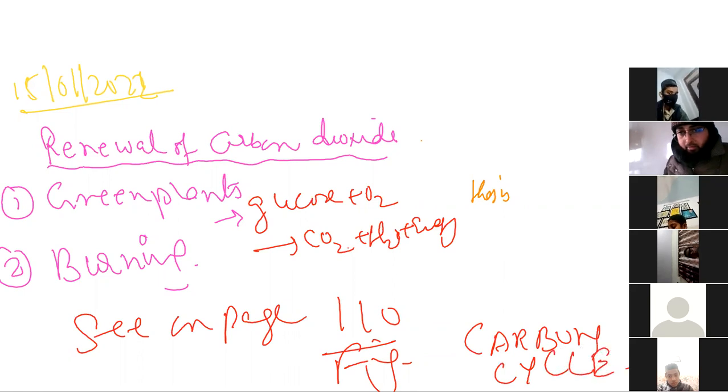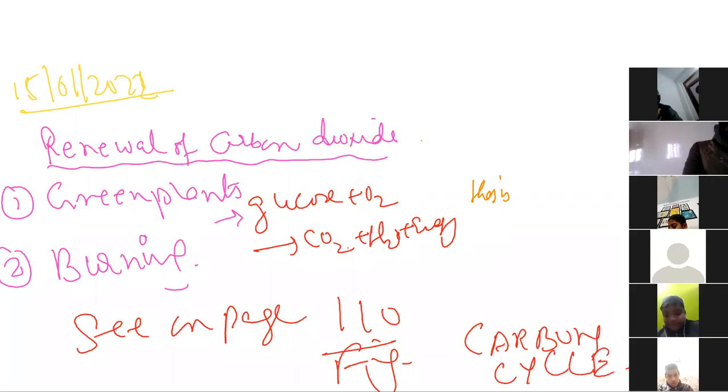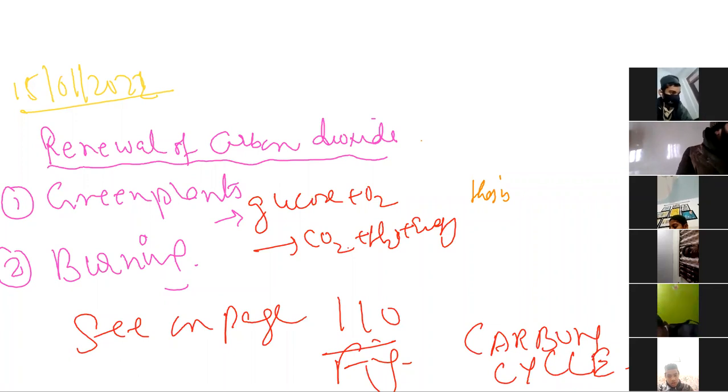In that carbon cycle, what you observe is that every respiration, they are eating, and again it is going to the atmosphere. Photosynthesis is going on in the plants, respiration is also going on, dissolving and diffusing out of water.